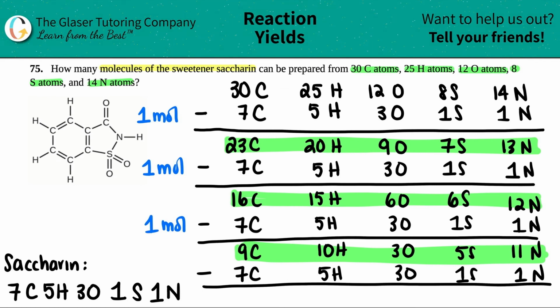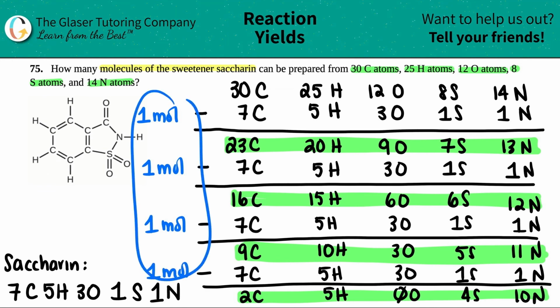Let's see. 9 minus 7, I have 2 remaining carbon. I have 5 remaining hydrogen. I have 0 oxygen. I have 4 sulfurs, and I have 10 nitrogens. Since I'm down to 0 and not a negative, technically this made it. So I'm down to now 4 molecules, because of the collection of these, I can make 4 molecules.